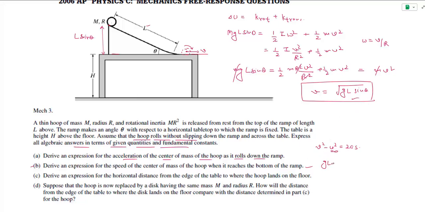Final speed we have calculated, and the square of that is gL sin theta. That equals 2 times the acceleration of the center of mass, and the displacement the hoop has covered is L. So acceleration of the center of mass will be g sin theta by 2. That's the acceleration of the center of mass. Clear?